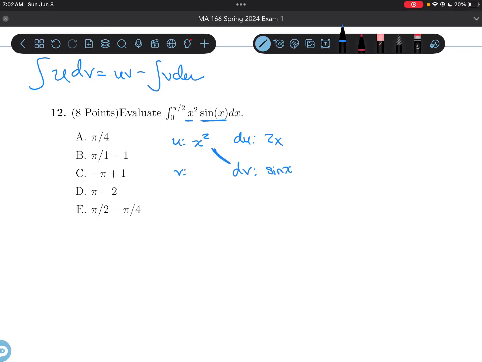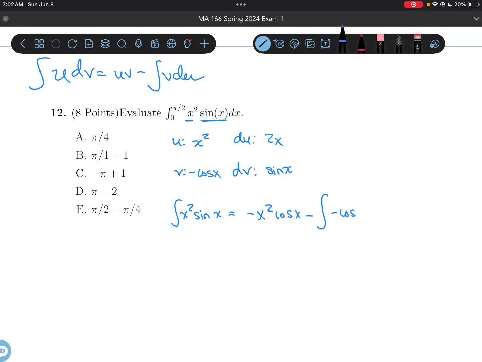This is our u dv, and the antiderivative of sine x is negative cosine x. So the integral is equal to uv, so negative x squared cosine x, minus negative cosine x times 2x.